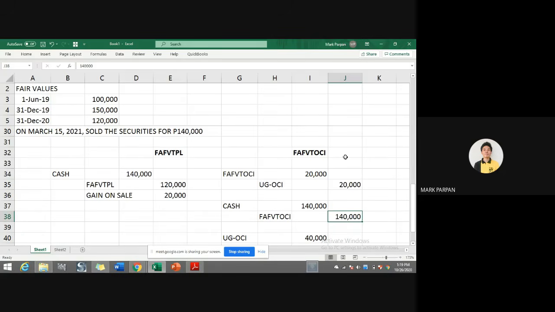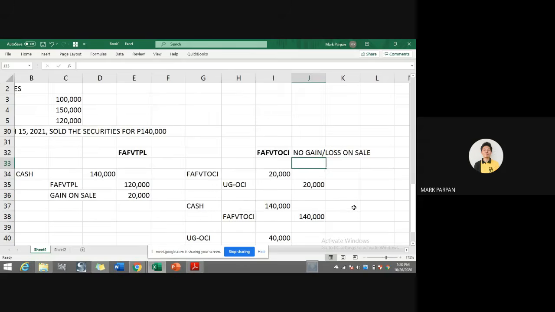Because the standard says there is no gain or loss on sale. No gain or loss on sale shall be recognized for OCI.